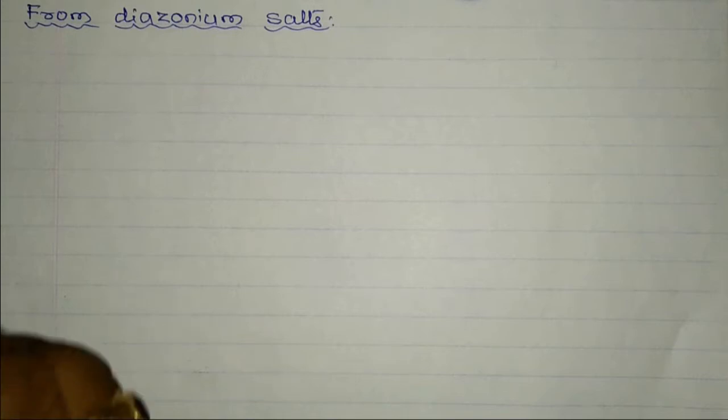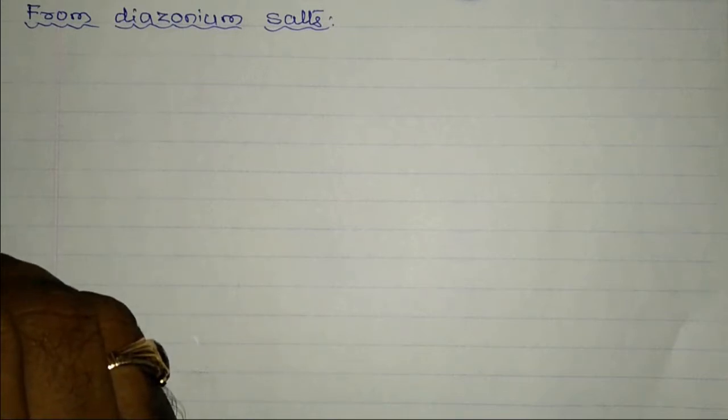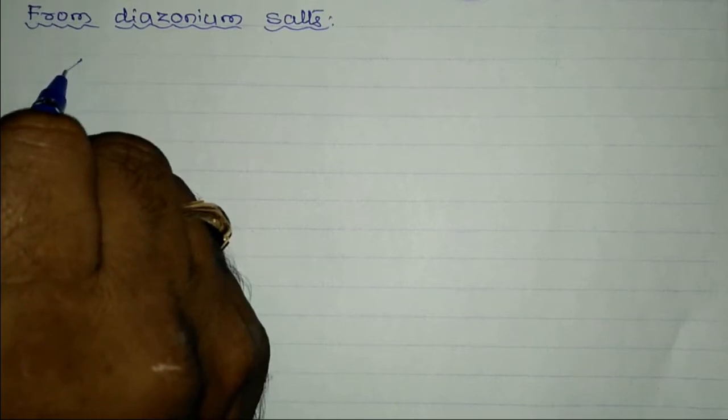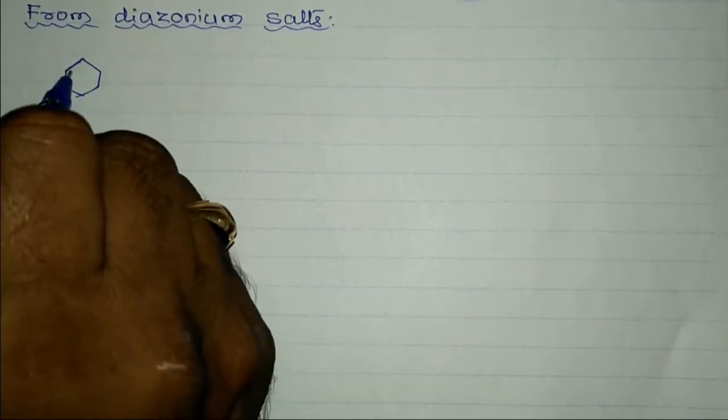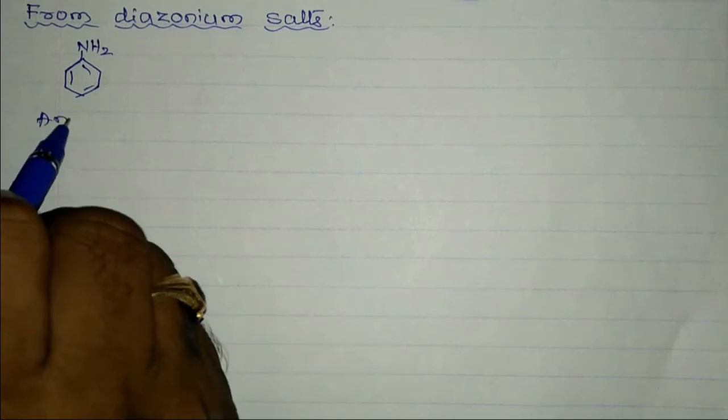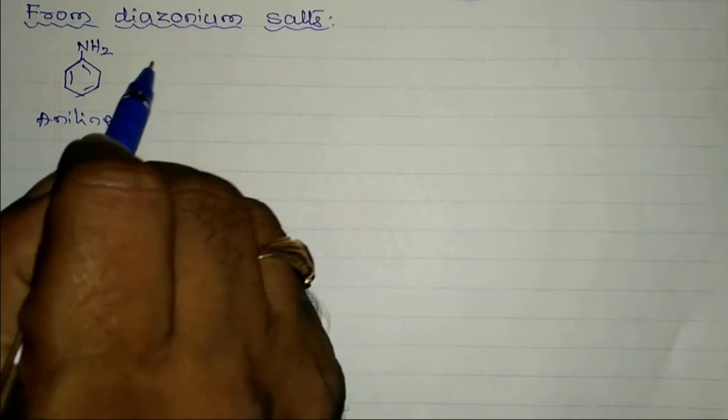Now we'll discuss preparation of phenol starting from diazonium salts. A diazonium salt is formed by treating an aromatic primary amine, for example aniline, NH2, with nitrous acid.